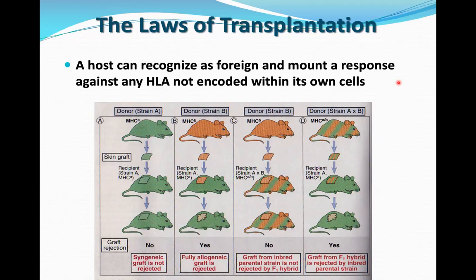What the classical immunologists did was collaborate with mouse breeders. And what these mouse breeders did was take, say, two strains of mice, and breed them to give brothers and sisters.